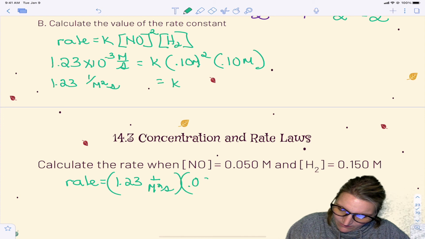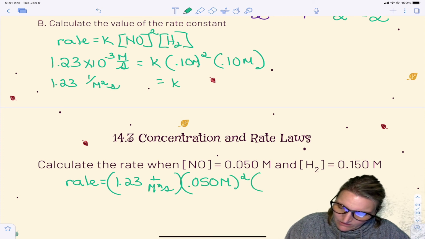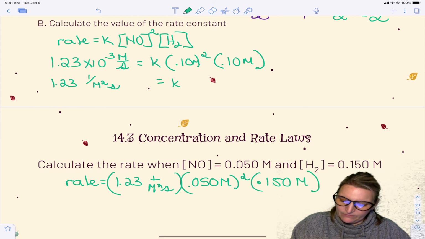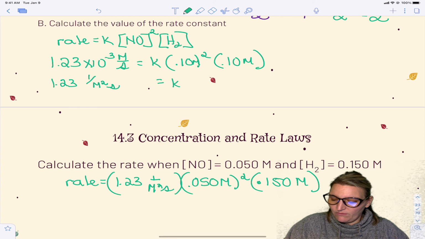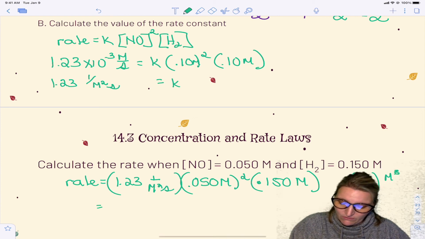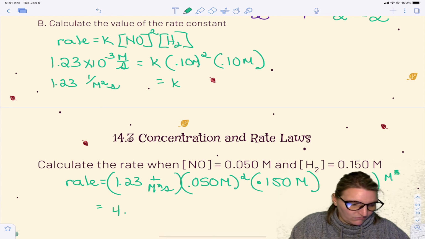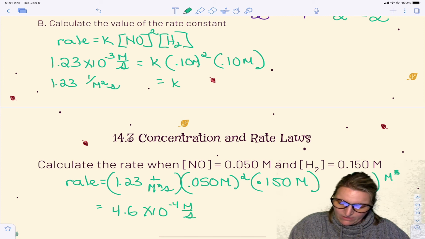So 0.050 molarity squared times the concentration of H2, 0.150 molarity. The units of my answer would be 1 over molarity squared seconds times molarity cubed, right? Two of those molarities cancel out. My answer is 4.6 times 10 to negative 4 molarity per second.